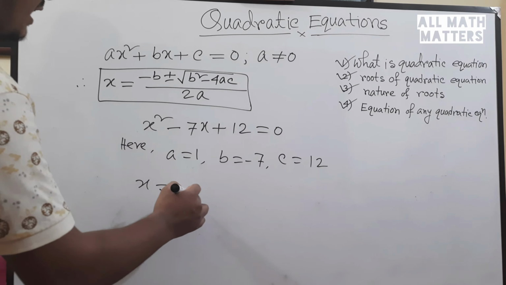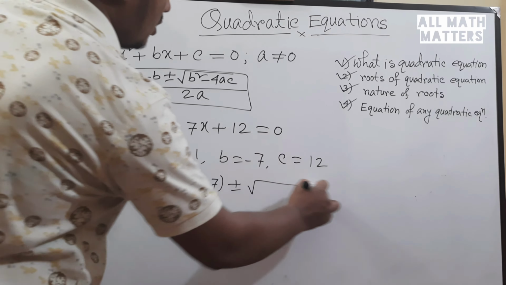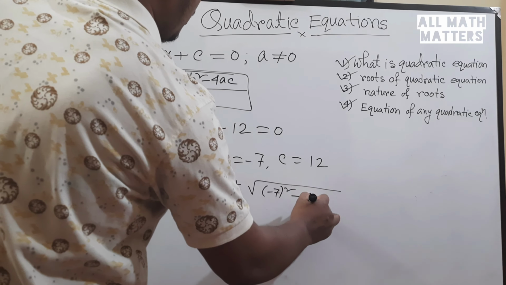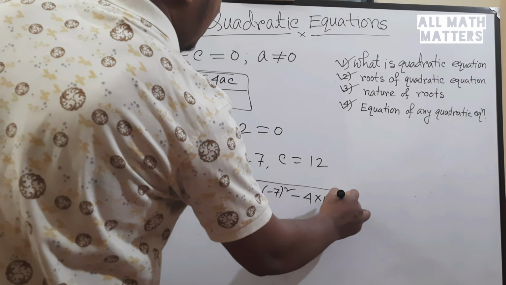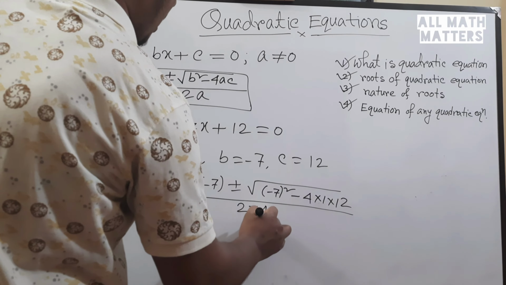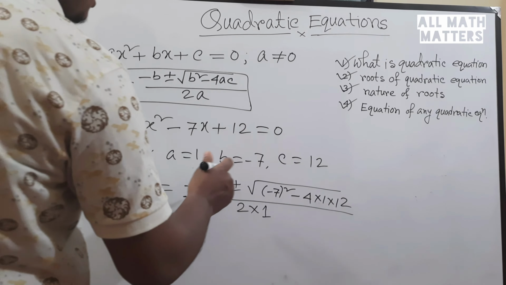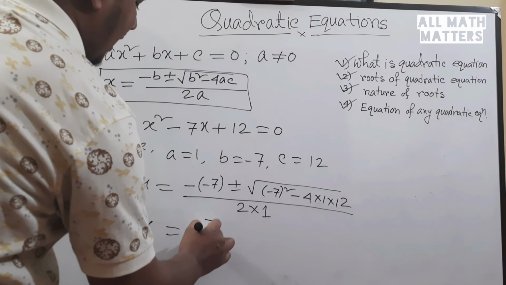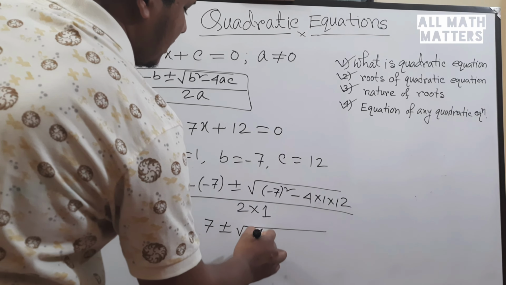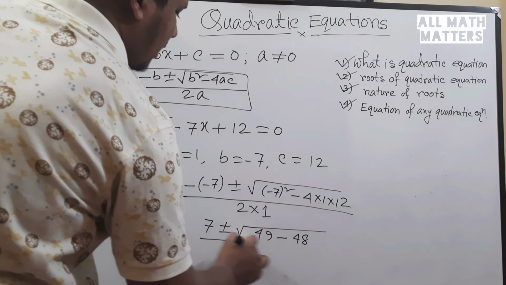Then it will be −b, so −(−7) ± root over b² − 4 × a × c, divided by 2 × a, which is 1. Now doing the workout, we will get the value of these roots: minus minus is a plus, so root over 49 − 4 × 12, which is 48, over 2 × 1, which is 2.